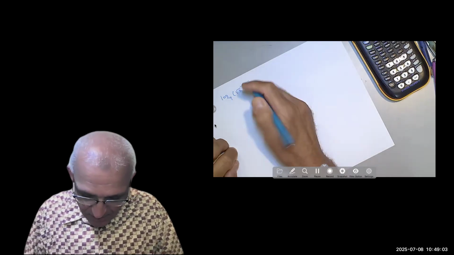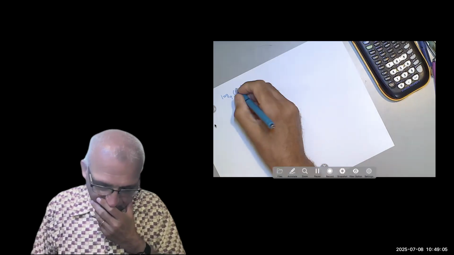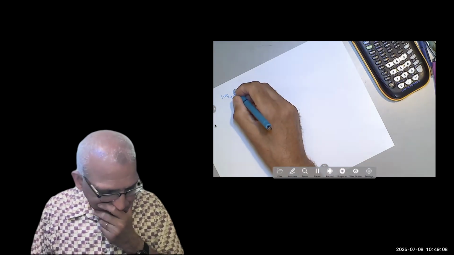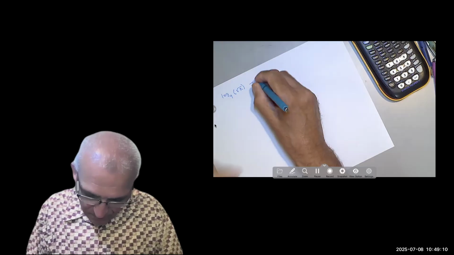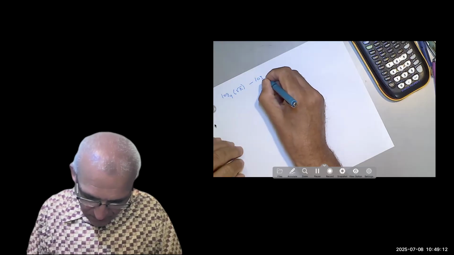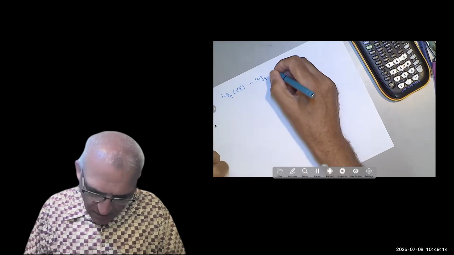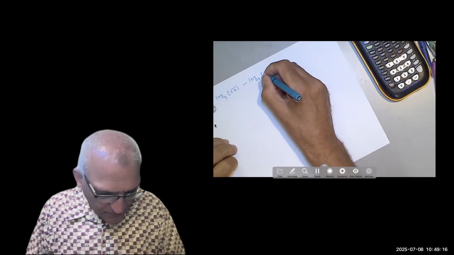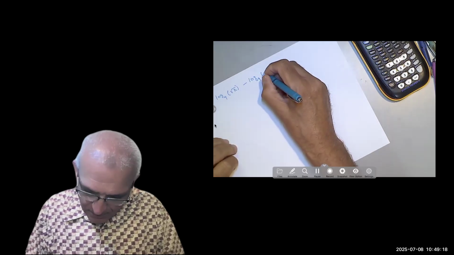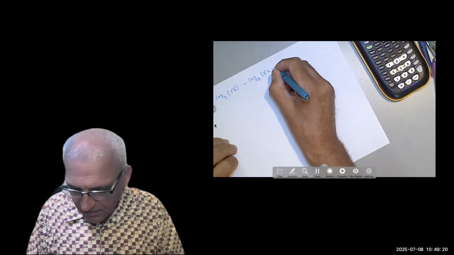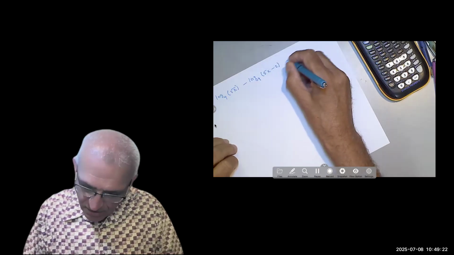Or maybe you can make it a cube root, okay? Log to the base 9 of 5x minus 2 equals 0.